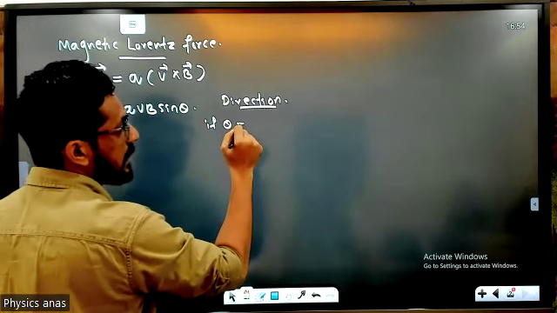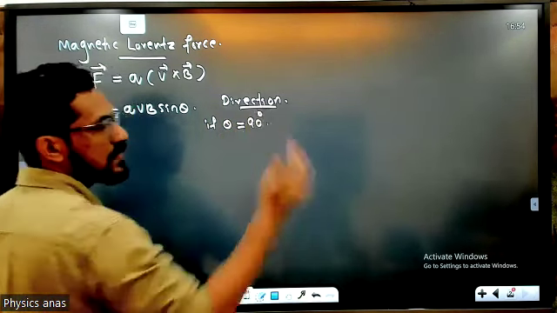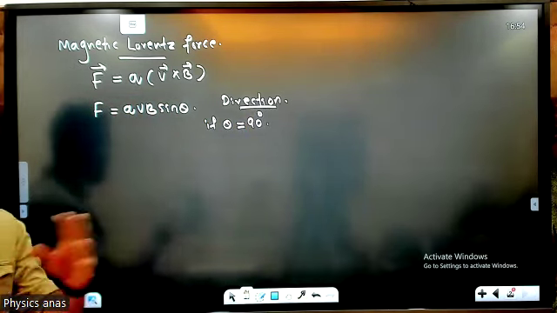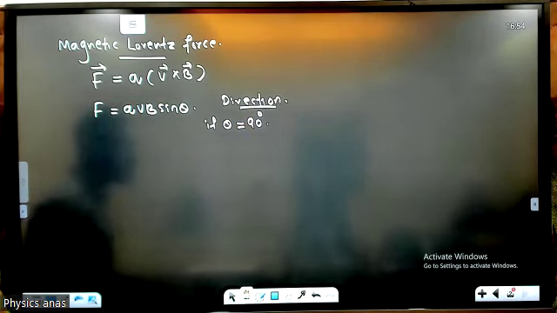If theta is equal to 90 degrees, you can use two rules.